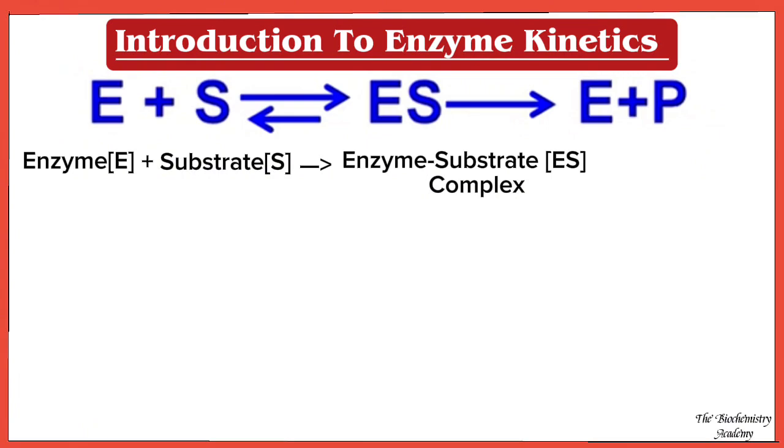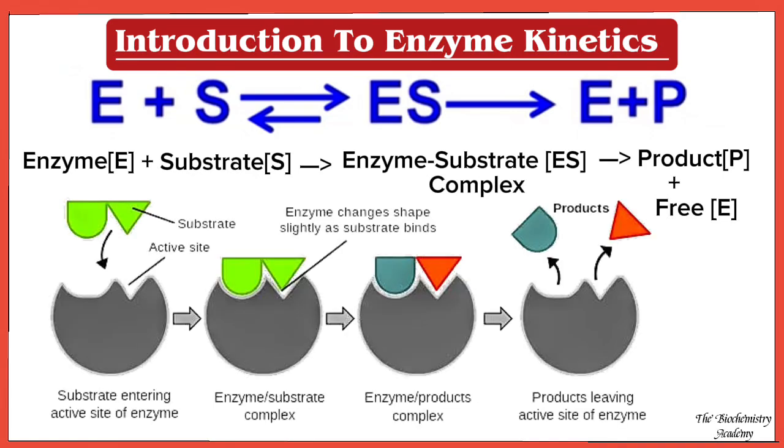When it forms this intermediate, the substrate is converted into a product P, and the free enzyme goes back to its original form, because we said that enzymes are not consumed in the reaction.